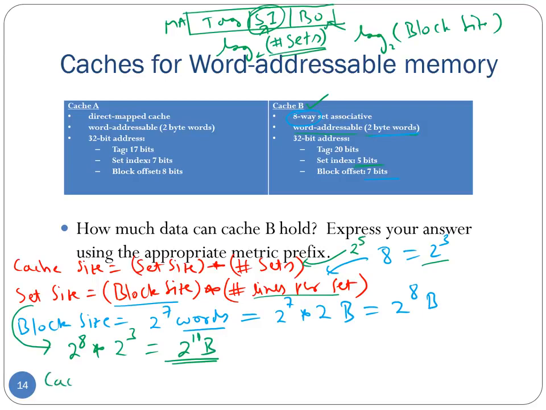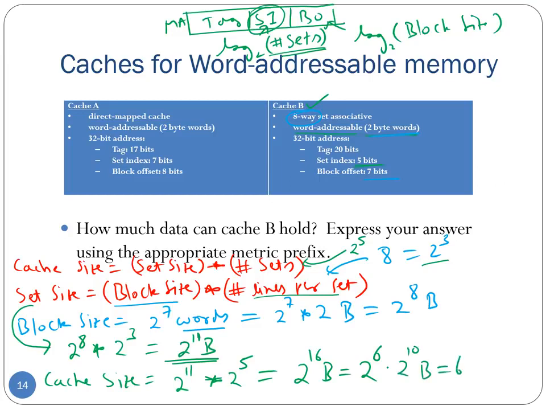Now just substituting these values, cache size is given by set size, which is 2 to the power 11 bytes, multiplied by number of sets, which is 2 to the power 5. So this is basically 2 to the power 16 bytes. Converting this into metric prefix, we get 2 to the power 6 multiplied by 2 to the power 10 bytes, which is basically 64 kilobytes once again. So that's the size of our 8-way set associative cache.